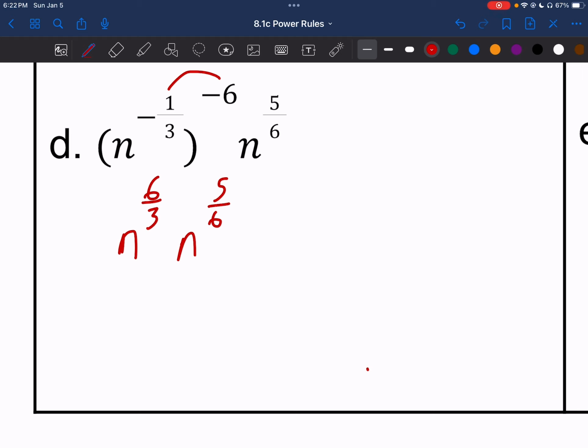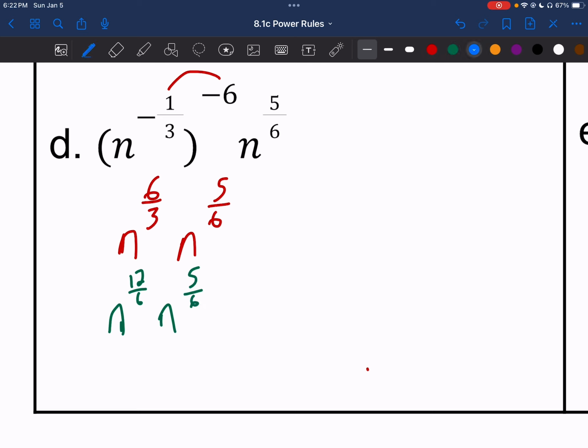Now I want to get these into the same denominators so that I can add them together. So I'm going to have to take 6/3 and make that into something out of 6. We multiply by 2 over 2, so it'll be n to the 12/6, n to the 5/6.